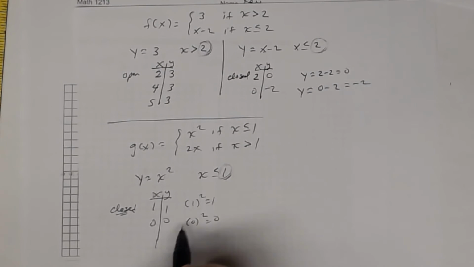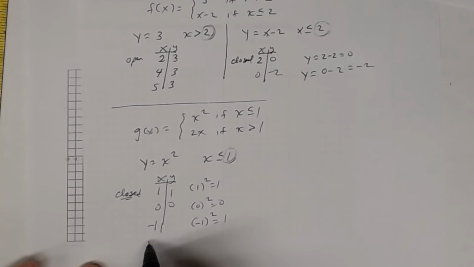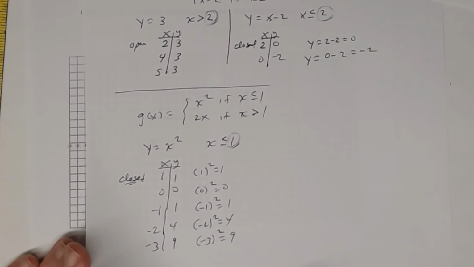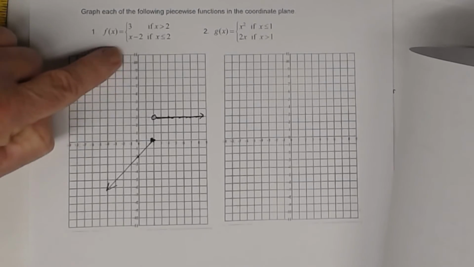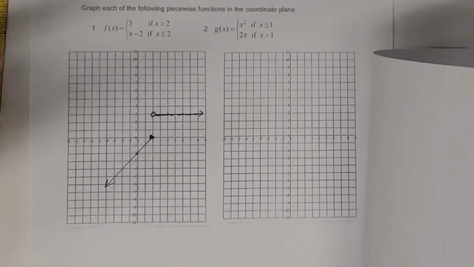If x is negative 1, I get negative 1 squared, which is 1. If x is negative 2, I get 4. If x is negative 3, I get 9. I'm going to stop there because my y value for my grid goes up to 11.